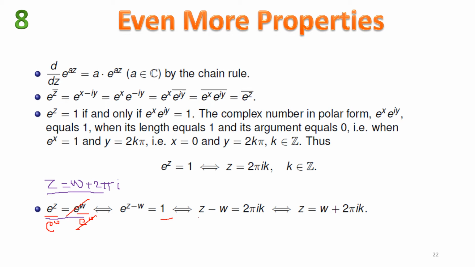So z minus w must be equal to 2 pi i k. We have seen it here, and therefore z must be equal to w plus 2 pi i k.